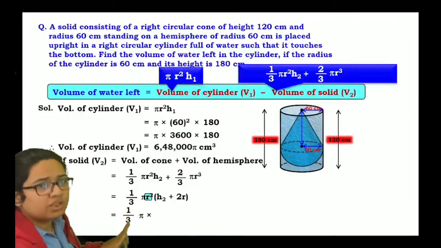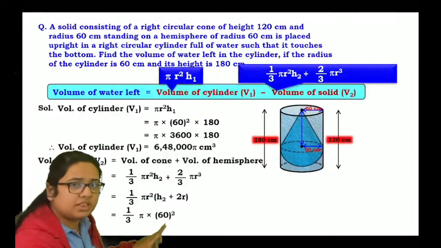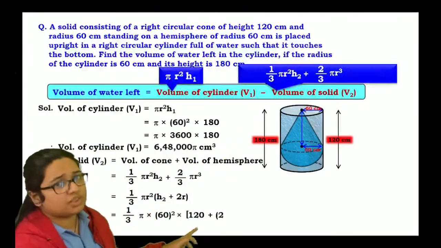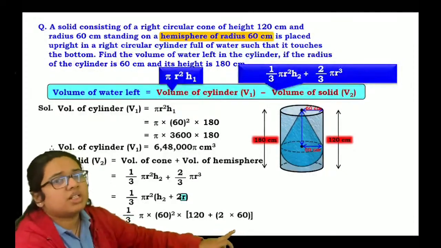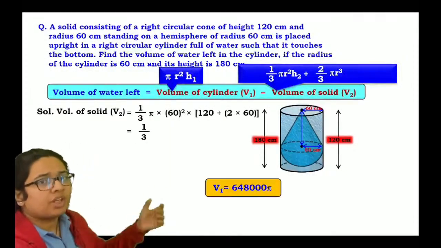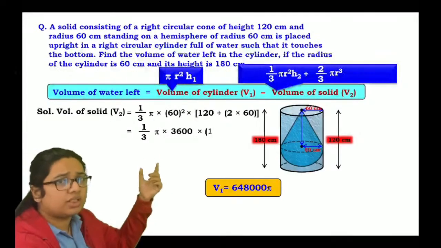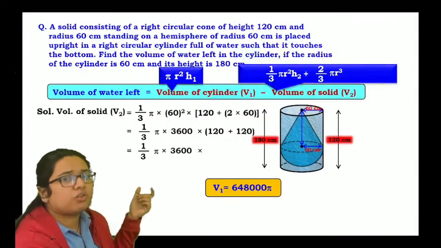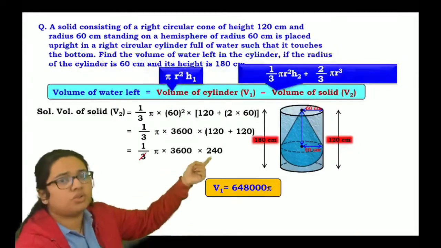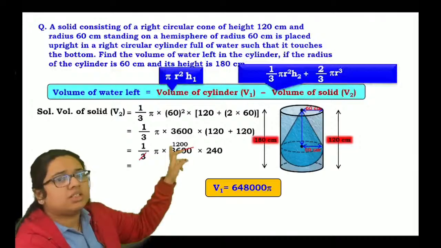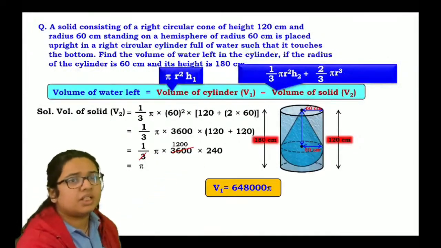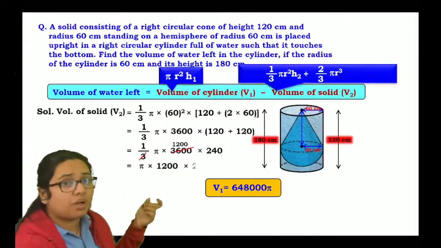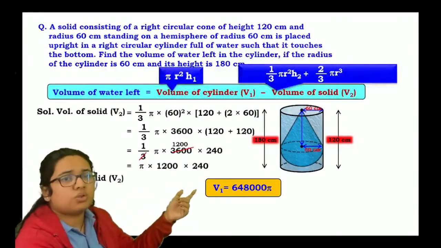So 1/3 of pi into 60 square plus h, which is the height of this right circular cone, given as 120, plus 2 times r, that is 2 times 60. After calculating this, you will get 1/3 of pi into 3600 into 240. So 3 ones are 3, 12s are 0, zeros will be as it is. Hence, the volume of the solid is pi into 1200 into 240.